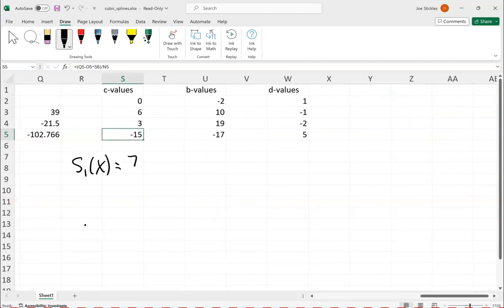It's 7 minus 2 times x plus 3 plus x plus 3 cubed, right? This was the first y value. This is your first b value. Your first c value is 0. And your first d value is a 1, right? We agree with that? If we multiply this out, what do you get?